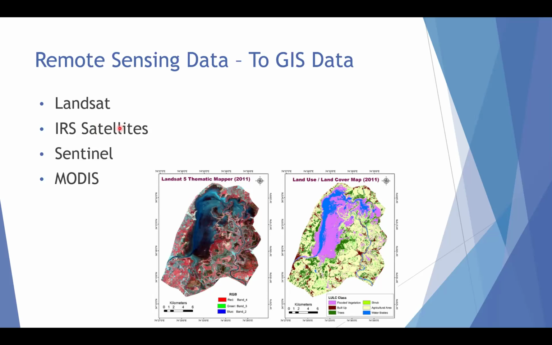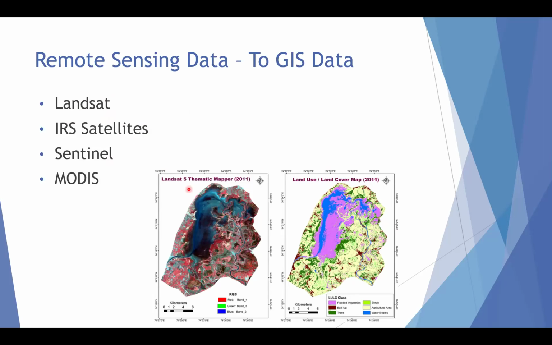In order to get this land use land cover map, we may use remote sensing data sets. We have satellites like the Landsat series, the IRS satellites, and now Sentinel, MODIS, etc. Depending on the resolution at which we want to use the data, we can go for any of the satellites and apply a classification technique to derive the land use land cover.